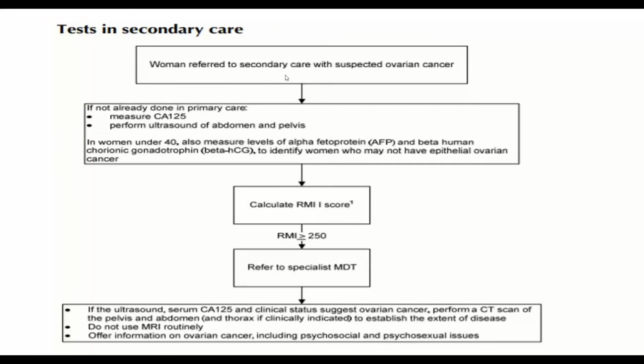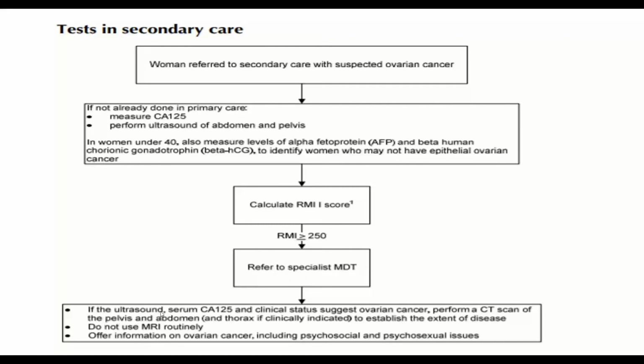Again, women who are referred to secondary care with suspected ovarian cancer, if the tests have not been done in the primary care, you offer them CA-125 and pelvic ultrasound. If the female is less than 40 years, then you offer them additional tumor markers, that is alpha-fetoprotein, beta-HCG, and LDH. You calculate the RMI score. If RMI score is 250 or more than 250, refer to specialized MDT.